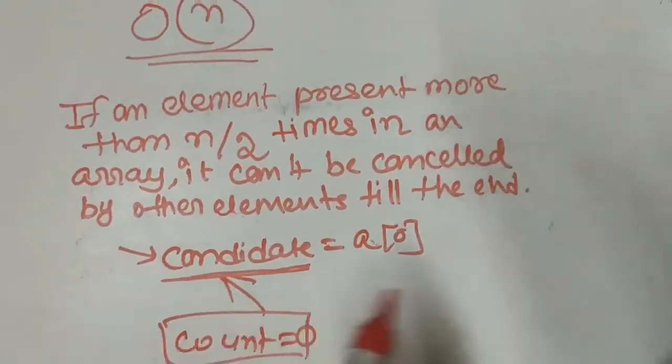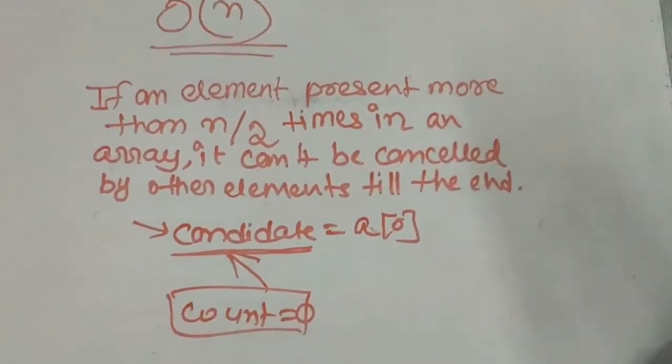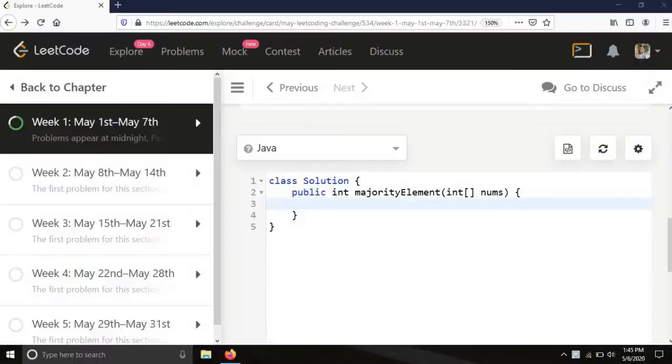So let's do the code and then understand, then see whether it is correct or not. So guys, let's code and understand whether our logic works or not. Firstly I am getting the length of the array, int n equals nums.length.